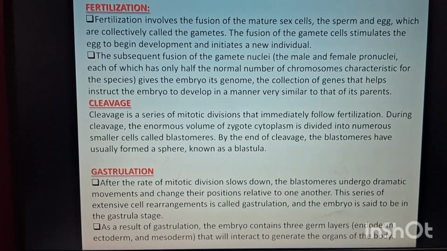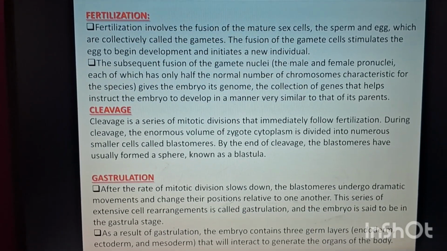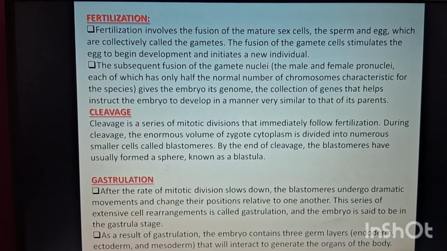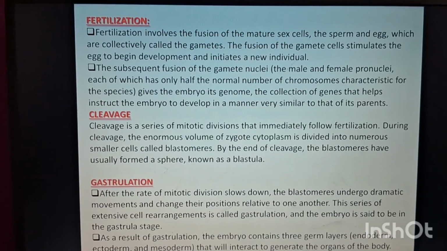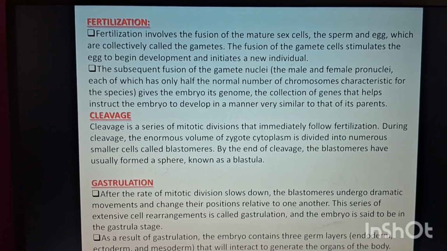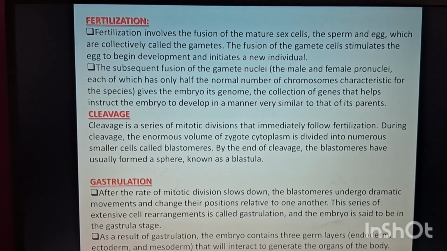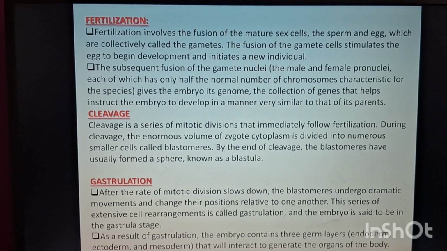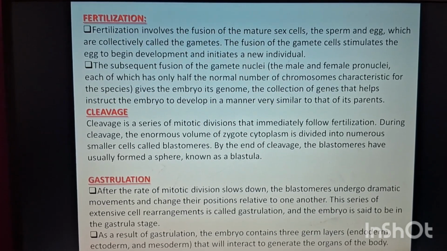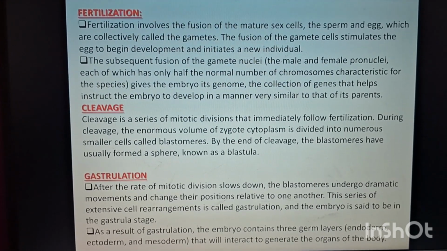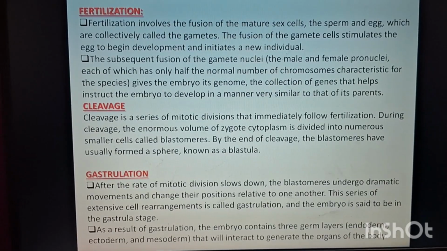First step is fertilization. Fertilization involves the fusion of the mature sex cells, the sperm and eggs, which are collectively called the gametes. And the fusion of the gamete cells stimulates the egg to begin development and initiates a new individual.